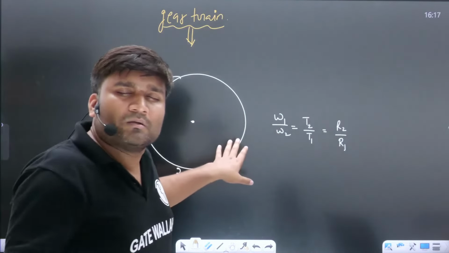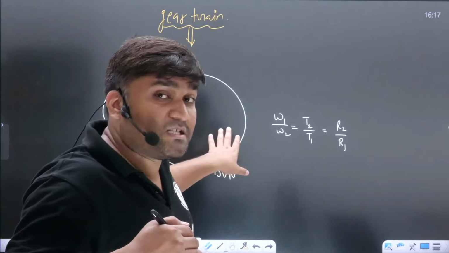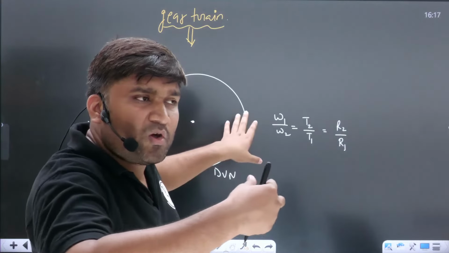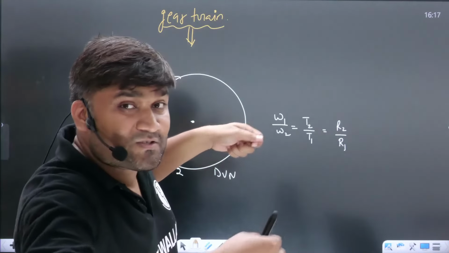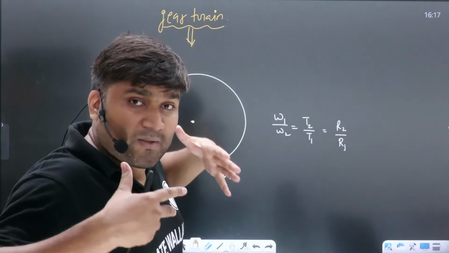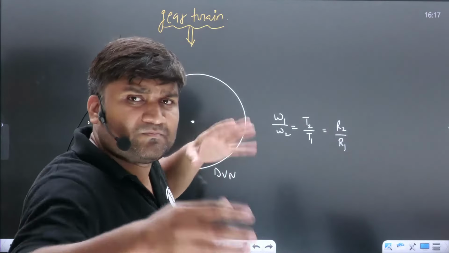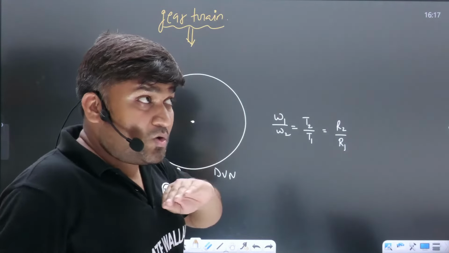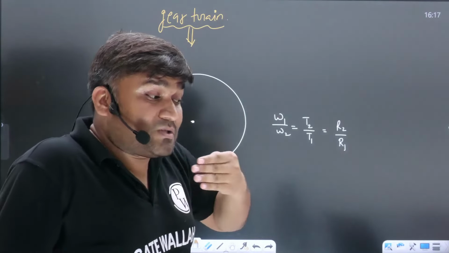Now with the same logic, imagine if at input I have given 1000 rpm and I want the output speed 10 times smaller, 100 rpm, then a 10 times increase in the radius I have to provide. That means this small gear's radius will be very small, 1 centimeter, and the output gear's radius will be 10 centimeters.